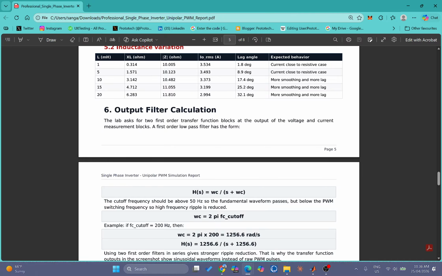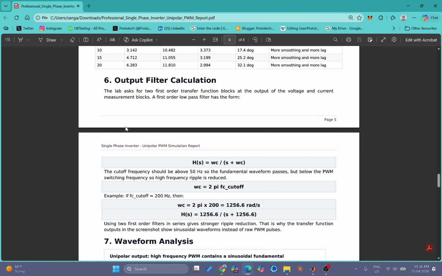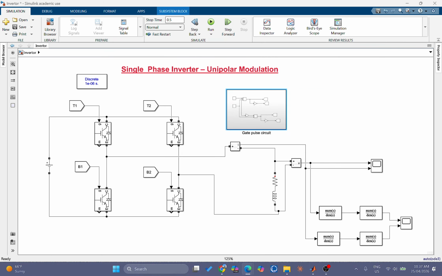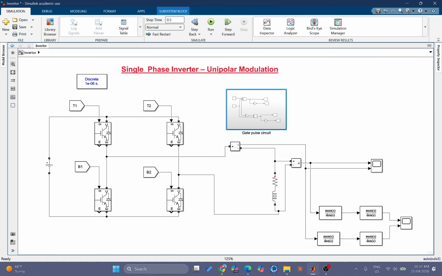At the output filter calculation, what do we have in the output? Two first order simulation.